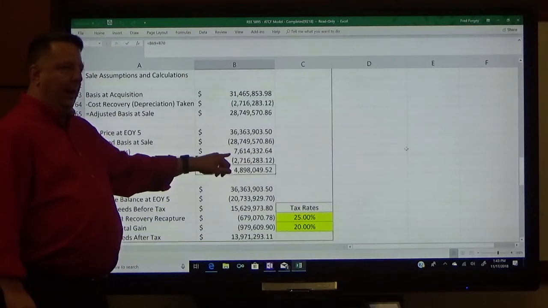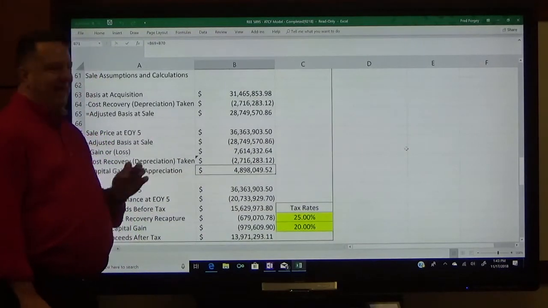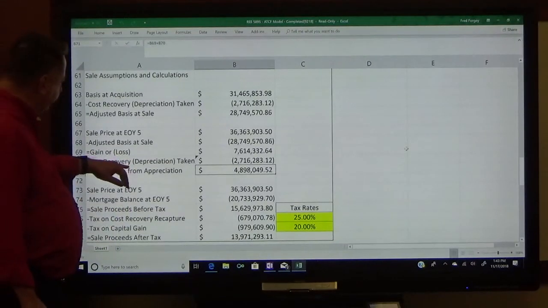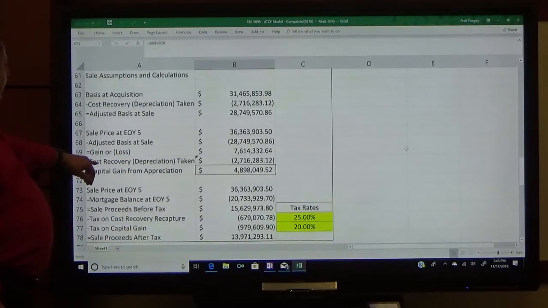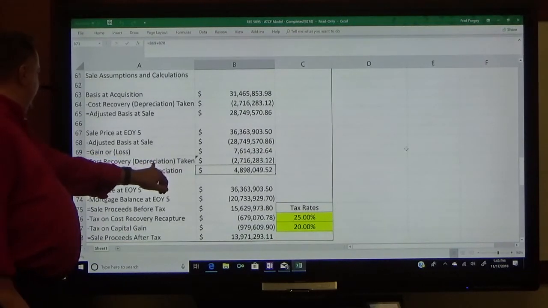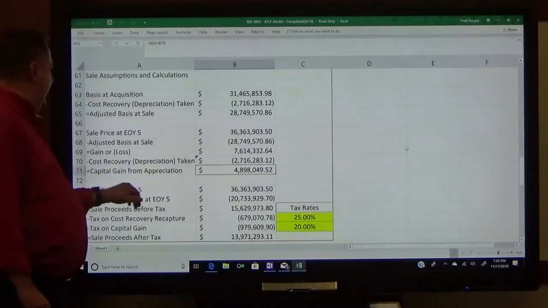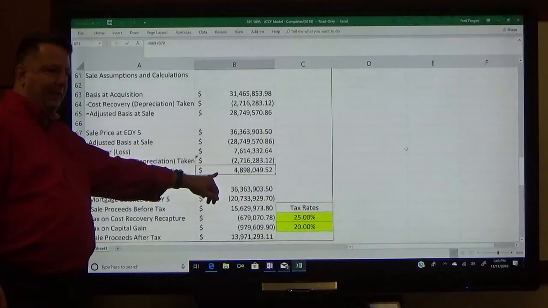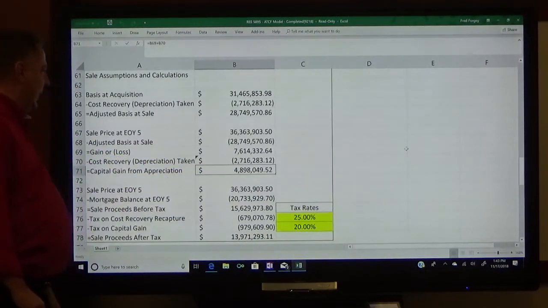Because you have a gain, you've got to then adjust that gain by the cost recovery or the depreciation that you've taken to ultimately get the capital gain that you are receiving from the property, okay? In this case, the 4.8 million.